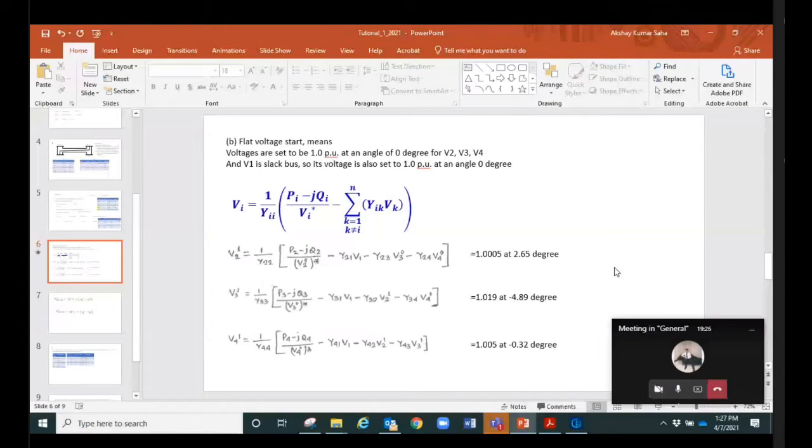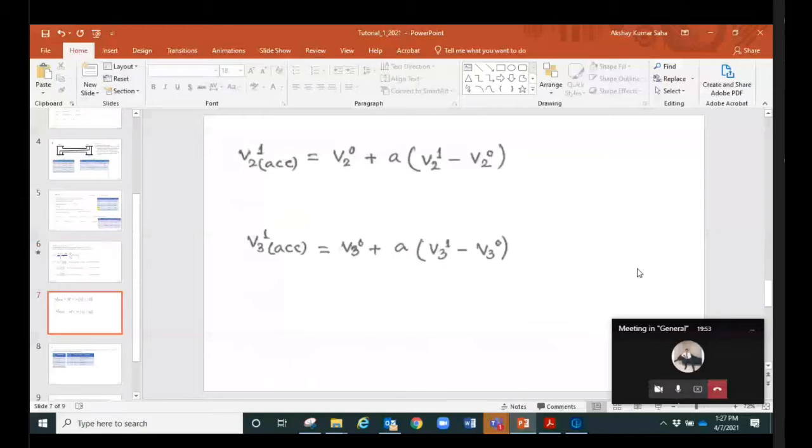Let me just double check with calculator. Let me just double check once again for this value. Yeah, it looks correct, but you can double check at home. No, sir, I need now these three.